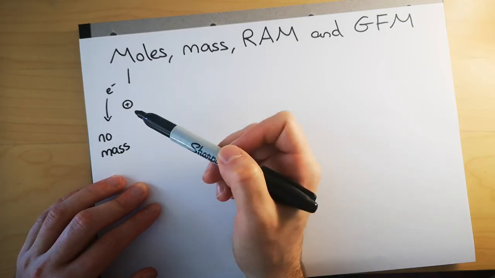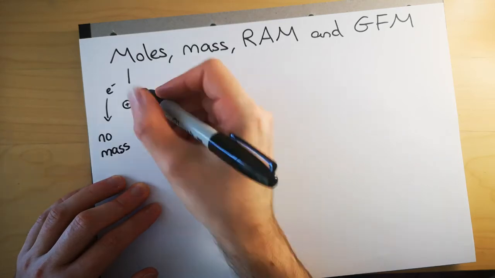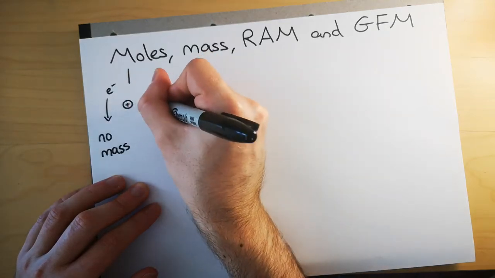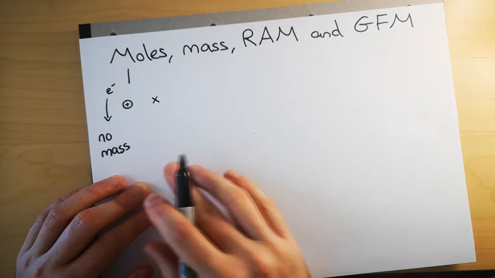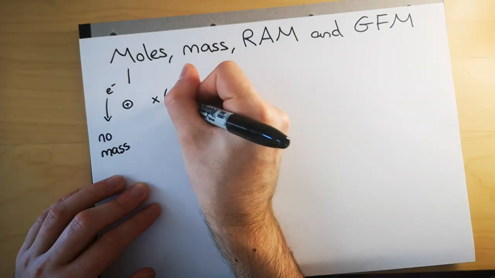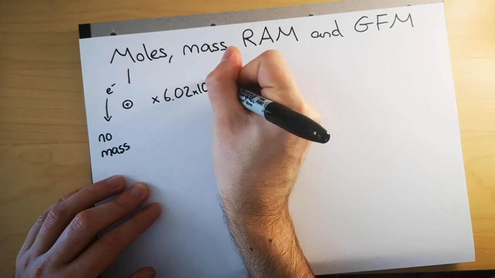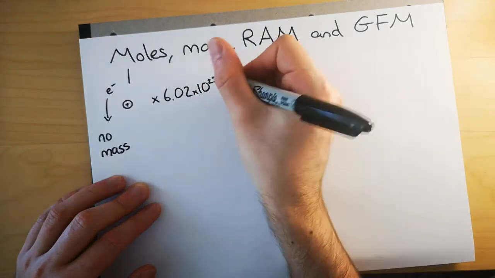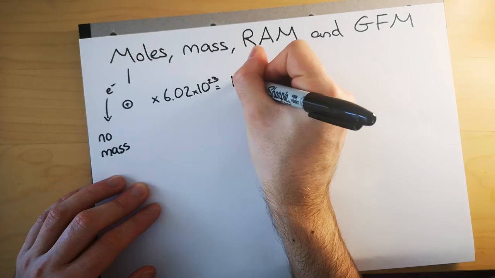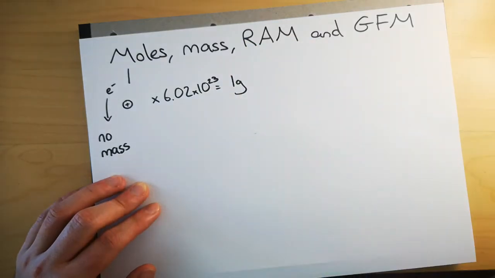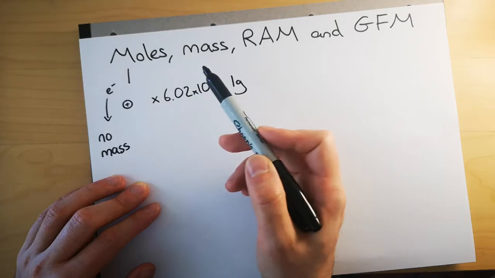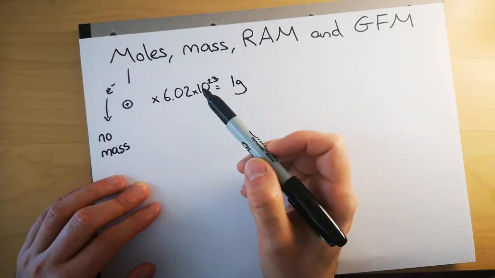So tiny that it's very hard to measure. However, if you multiply that proton by 6.02 times 10 to the 23, you will get 1 gram of proton. And that's really what a mole is. It's just a useful thing so that we can use grams, and we can talk about grams, and we can use that molar ratio.